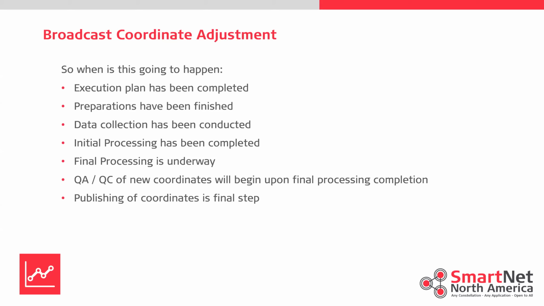Final processing for the US is done, so we have coordinates for all of the US delivered. QA and QC of new coordinates is being wrapped today, probably actually tomorrow, in the US. Canada will probably be wrapped tomorrow as well. And then publishing of the coordinates is the final step. That's when we release them out into the wild, kick them out of the nest, as it were.